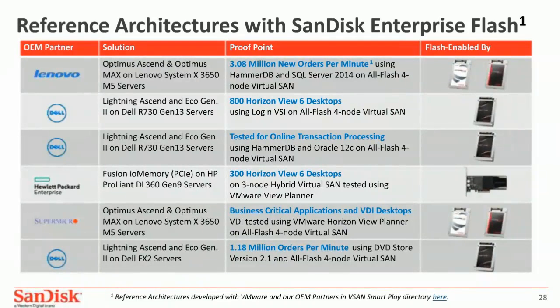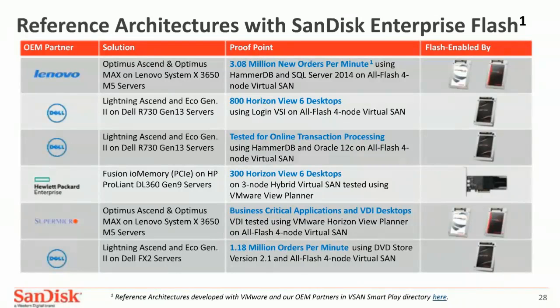In another project, we used the Lenovo System X platform in a 4-node configuration, and we were able to reach something like 3 million new orders per minute, using just a single disk group. So that is a pretty capable platform for running database or OLTP workloads.